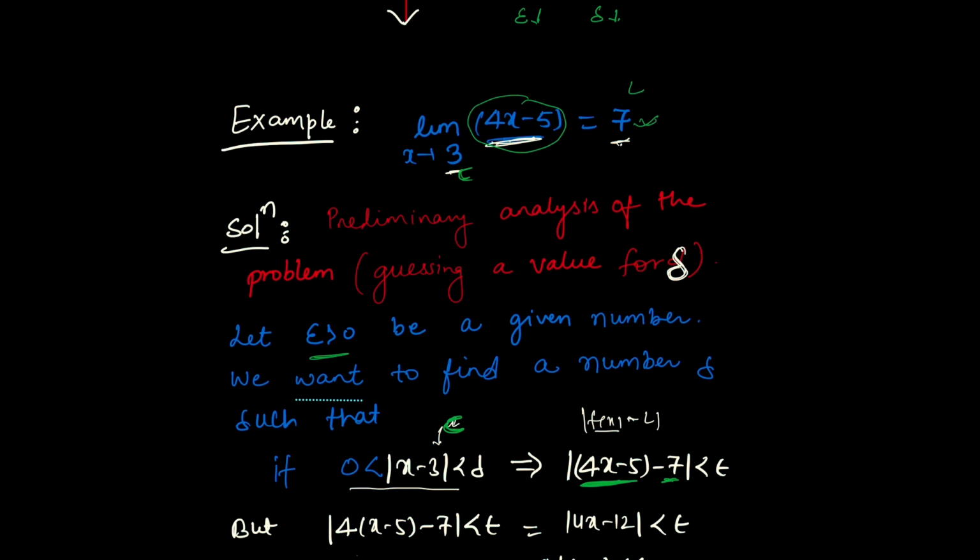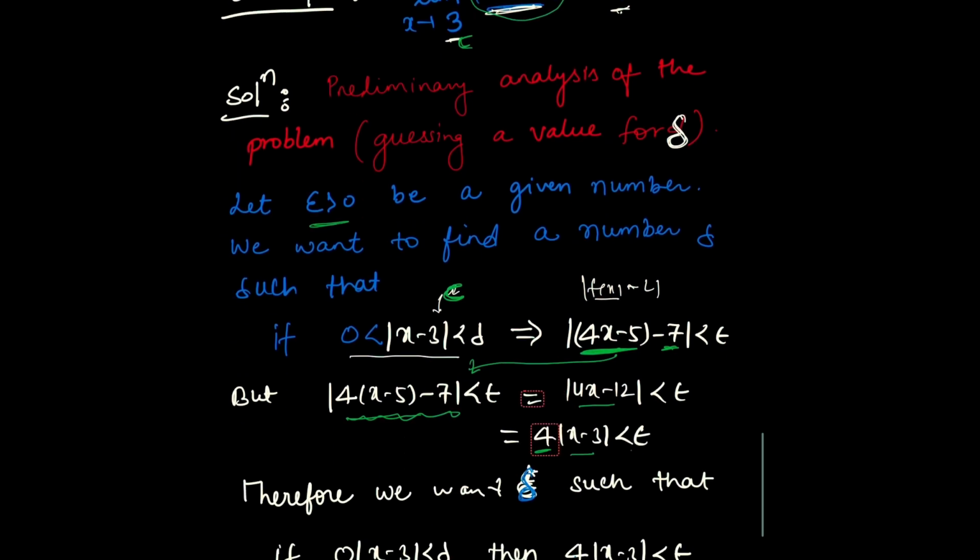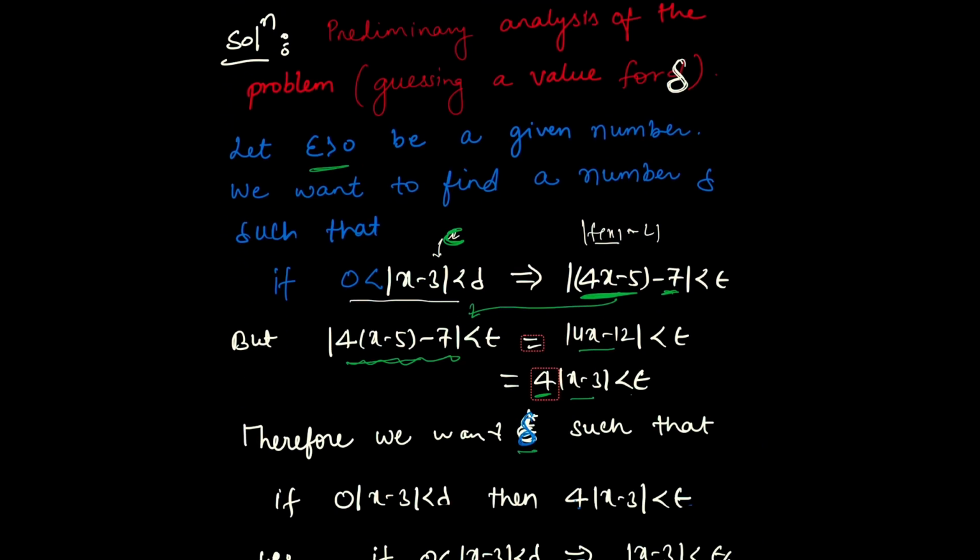So we can write |4x minus 5 minus 7| less than epsilon. Now we calculate this, so it becomes |4x minus 12| less than epsilon. Now we take 4 common as a factor, 4|x minus 3| less than epsilon. So we want delta such that if 0 less than |x minus 3| less than delta, then 4|x minus 3| less than epsilon.